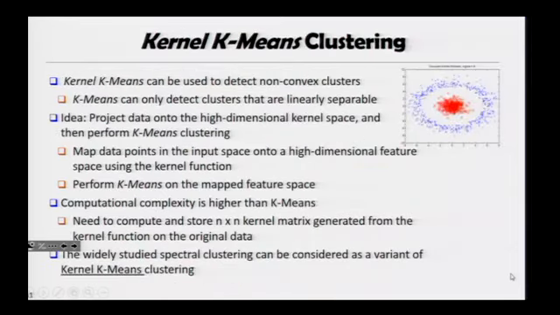And that motivates people to use the kernel trick or kernel method to handle data distributions where the data should have non-convex cluster structures. So the idea here is that, instead of using the original data representation, the original numerical value or categorical vector for each data point, you try to map them to a kernel space.